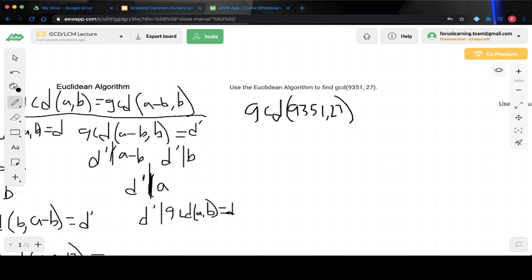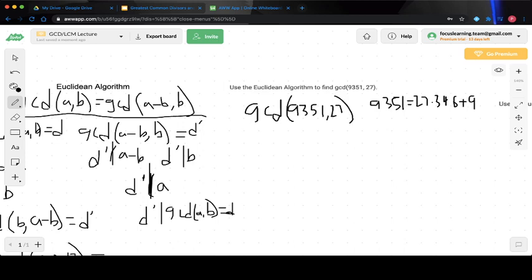What we can do is divide 9,351 by 27, and we get that 9,351 equals 27 times 346 plus 9.